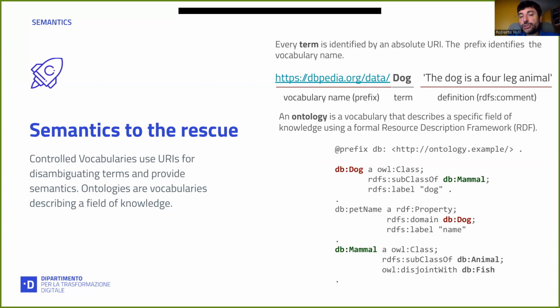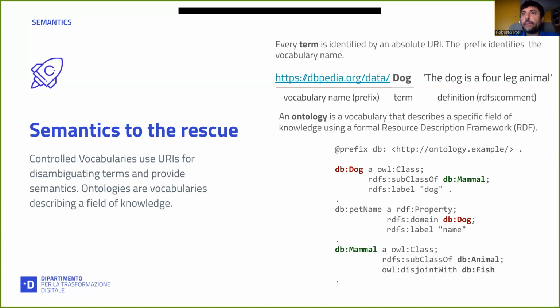We have another piece of information here: dogs have a pet name property. So in this way, we have a formal language to represent knowledge.